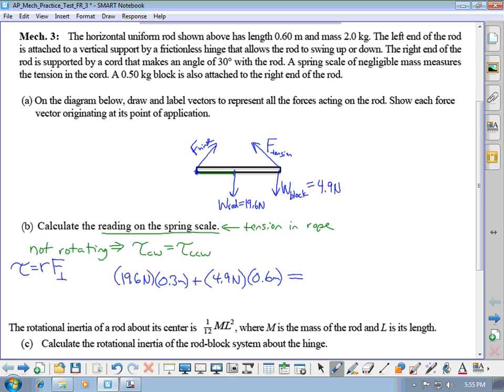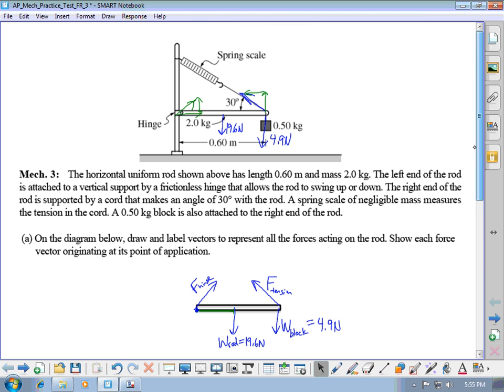The counterclockwise torque is going to be due to the tension in the rope. The tension in the rope is applied a distance of 0.6 meters. And if I look back at my original drawing, the tension in the rope can be broken into horizontal and vertical components.